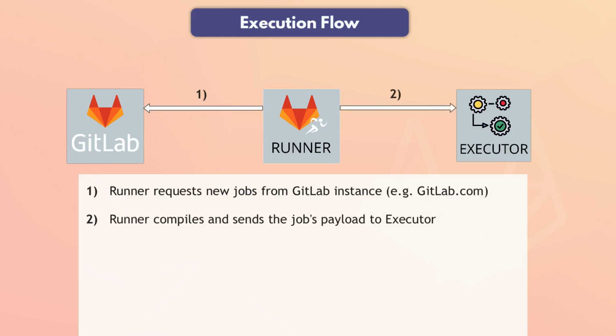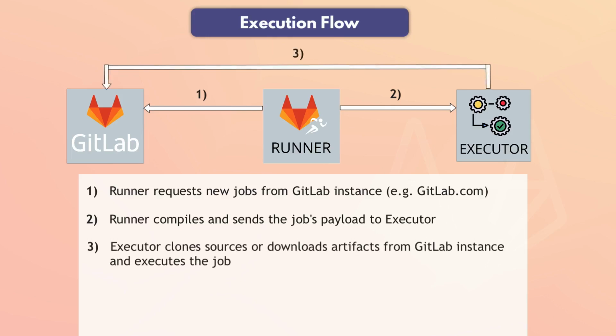The executor will download the source code of the application directly from the GitLab instance and will execute the job, which can be again running unit tests or building a Java artifact file or building a Docker image, etc. So you need a source code of the application for that.